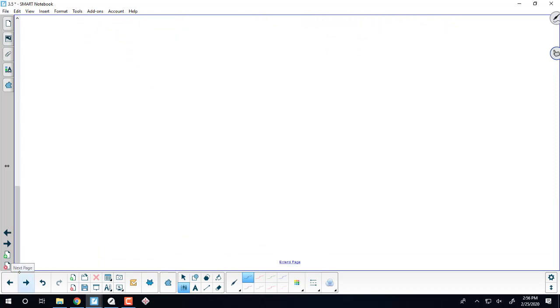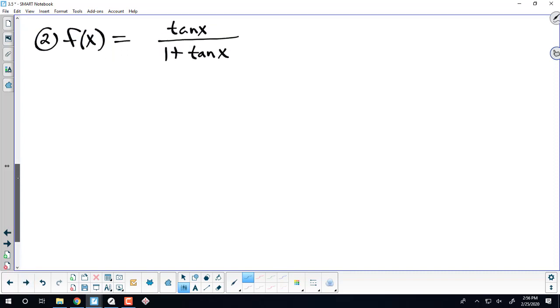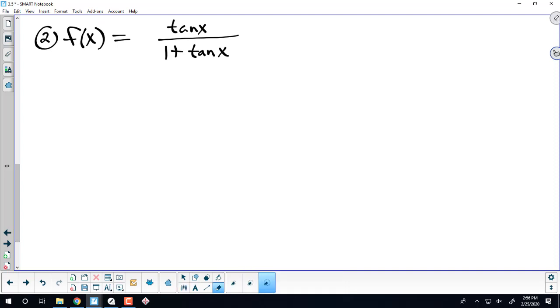Another example, compute the derivative of tangent x over 1 plus tangent x. So the structure of that function is a quotient, so we need to apply the quotient rule to that.